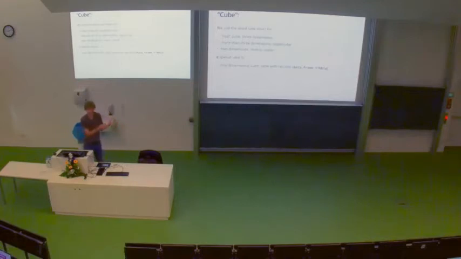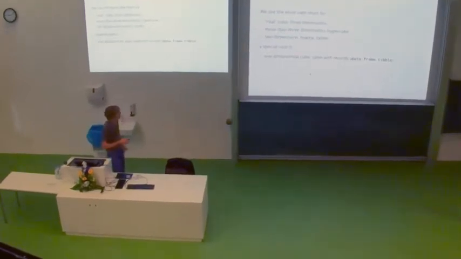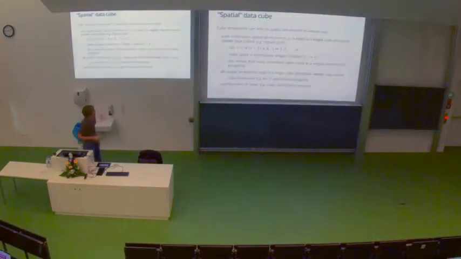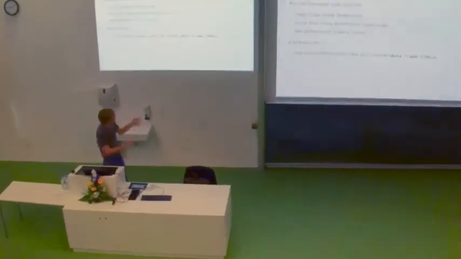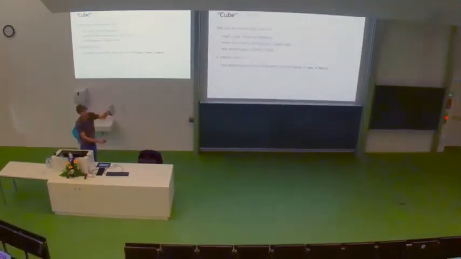So also things that only have a mapping from one dimension to an attribute, which is essentially a simple table, is also a special type of a cube. And so that makes it very, very generic. So a one-dimensional data cube could be a table with records, like a data frame or a table or something like that. And of course, you can also store all the data in a cube in a data frame, but then you need to sort out everything, right? The structure is really lost.